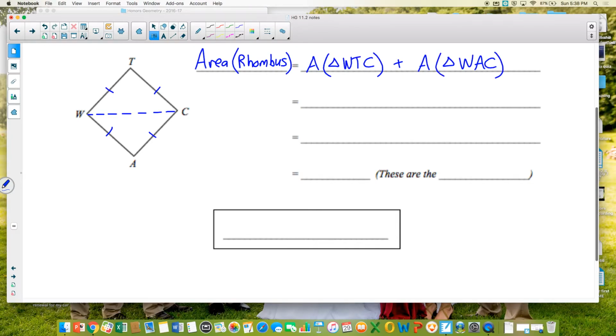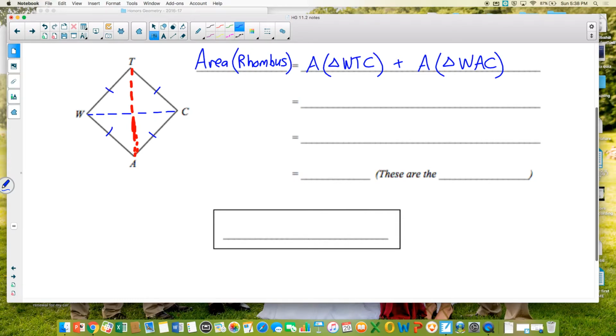There's 2 triangles we can find the area of, and based off this we know these 2 triangles are congruent because of side, side, side. Because notice they have 2 of the legs congruent and they have the diagonals congruent here too. So for the next part we're actually going to draw a diagonal vertically through the middle.